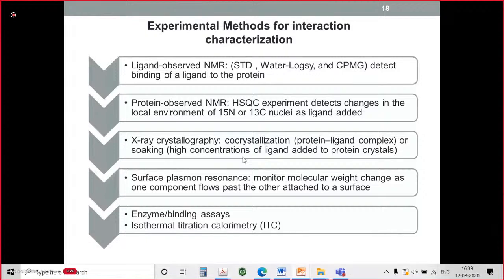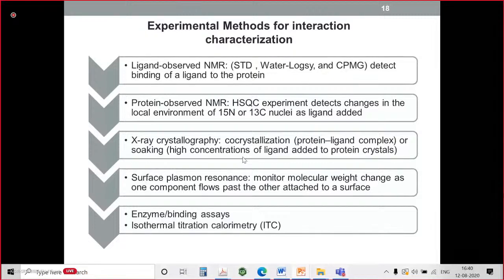We can use other techniques also, as I told you, like surface plasmon resonance, which tells you that when a ligand is bound to the protein surface, the molecular weight is going to change. That will be detected with the help of this technique, SPR.